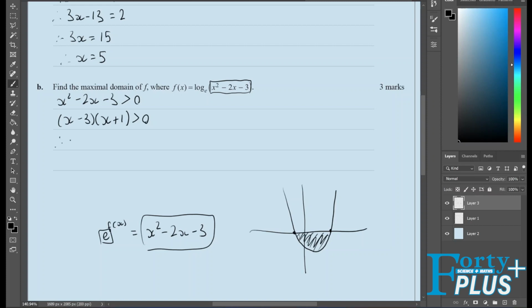So we can say, therefore, x is an element of all real numbers except, and it'll be inclusive of, -1 to 3. Or if you want to keep going the route of using the less than symbols, we can say, therefore, x is less than -1, union x is greater than 3.